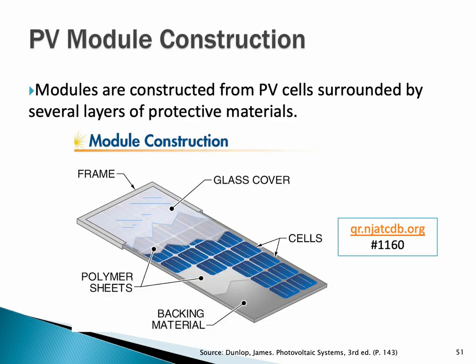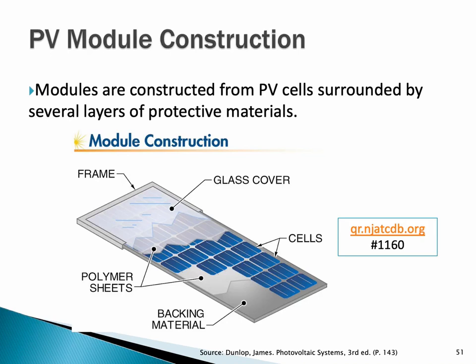We've talked about the construction of the module. We have hardened glass that's dimpled or acid etched to create edges in a prismatic effect to get more sun energy into the cells.